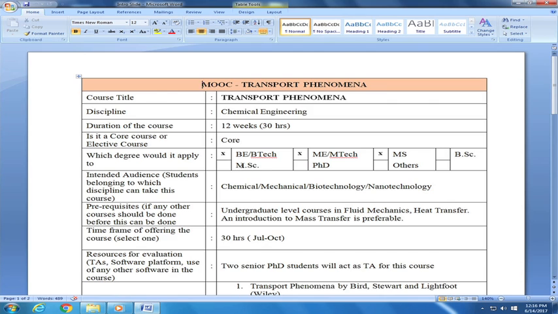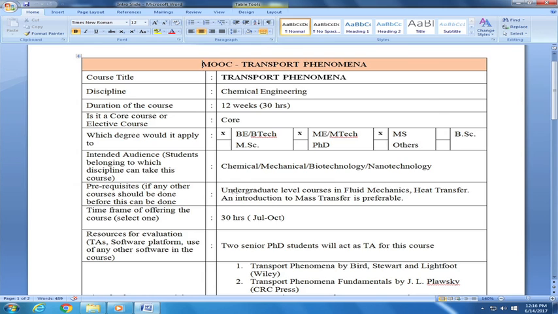So if I look at the way the different concepts are going to be involved in here, I'll quickly bring your attention to this, where, as I said, this is a BTech level course. It's also suitable for MTech as well as MSc, and we need only an undergraduate level course in fluid mechanics and heat transfer; an introduction to mass transfer is preferable, but not absolutely necessary.